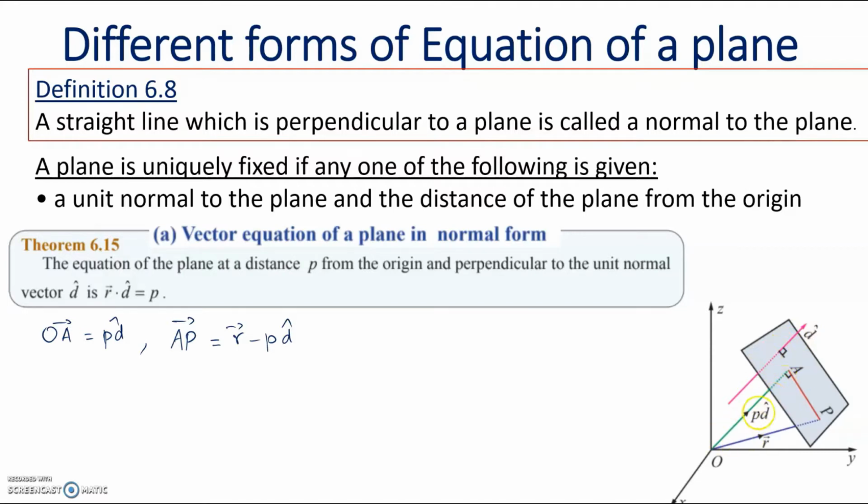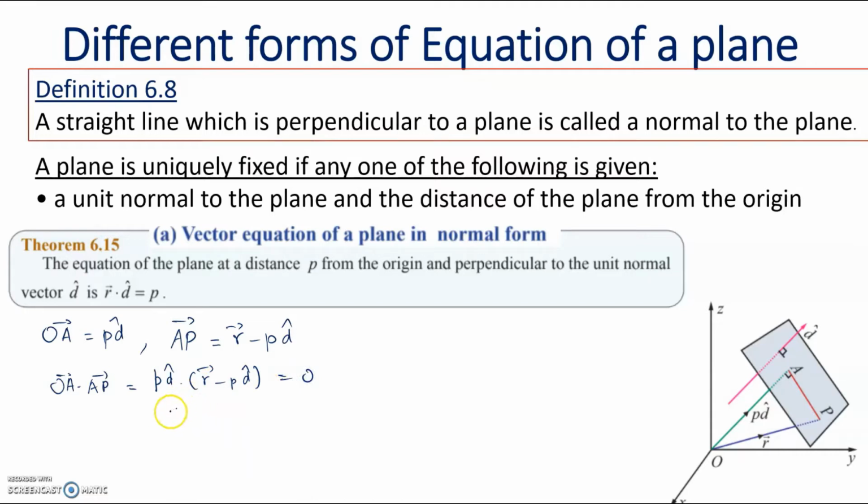So this dot product with this vector will be 0. So we can say p d cap, which is our OA vector, dot product with AP vector, is equal to p d cap dot product with r vector minus p d cap, and that's equal to 0.